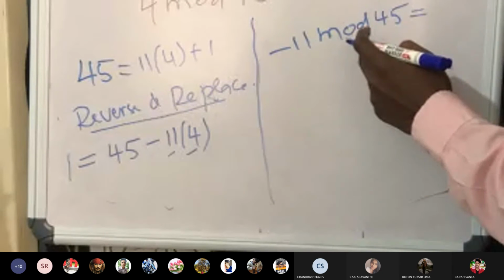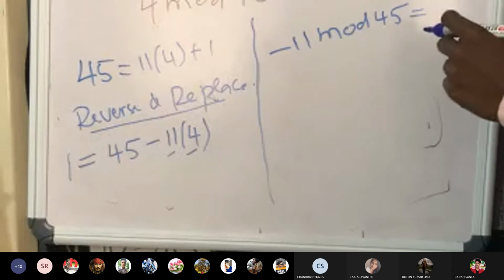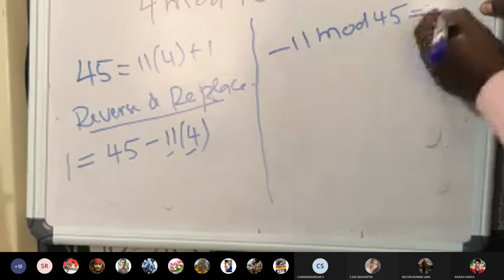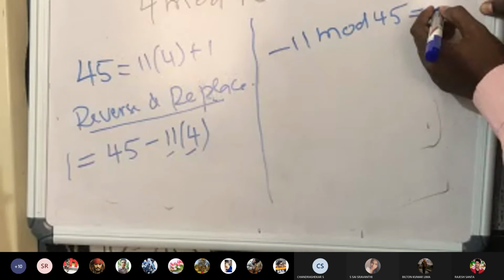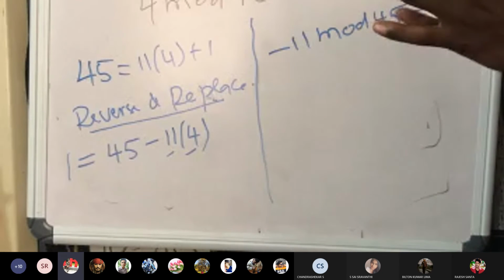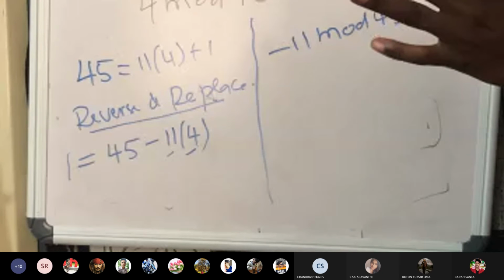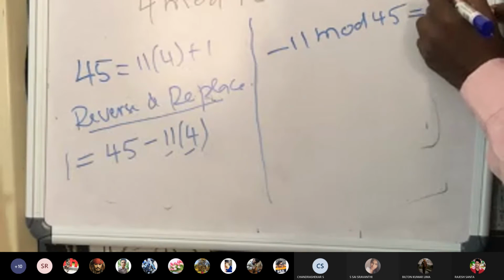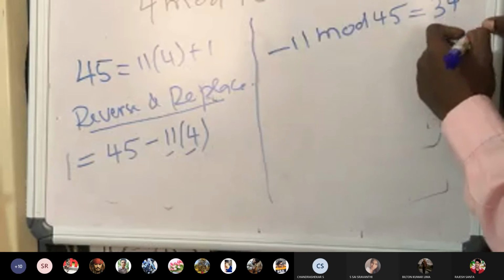Minus 11 mod 45. What is the answer for this? Remember, we cannot have a negative residue. Is it 30? 34, sir. 34, excellent.